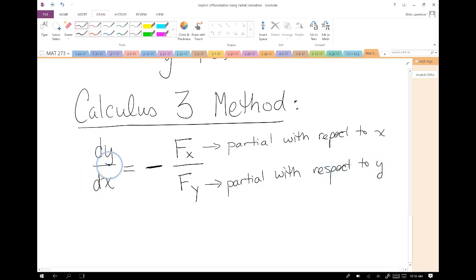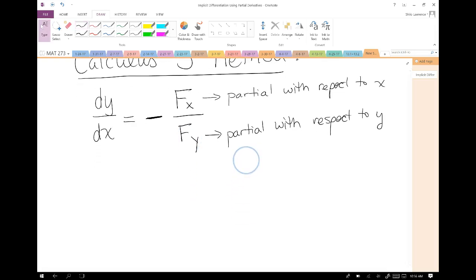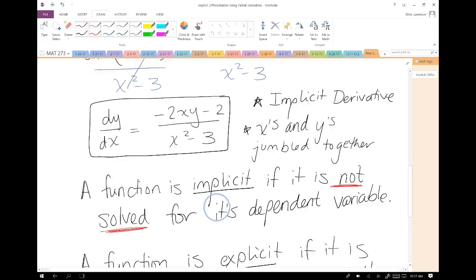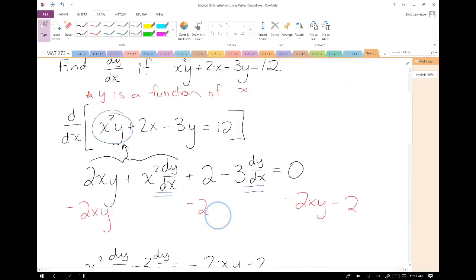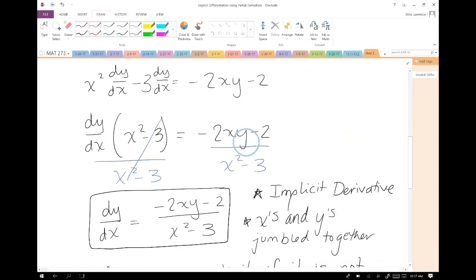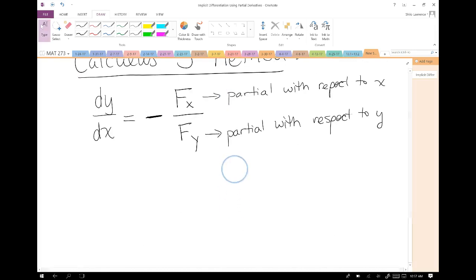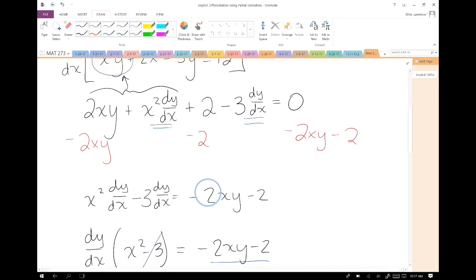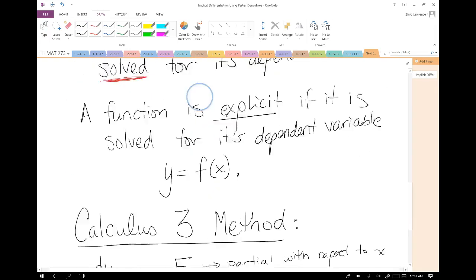So no matter what type of derivative you're asked to find, you can just negate it and flip it and use partial derivatives. So with this exact same function we just did, x squared y plus 2x minus 3y equals 12, we do it with the partials method.